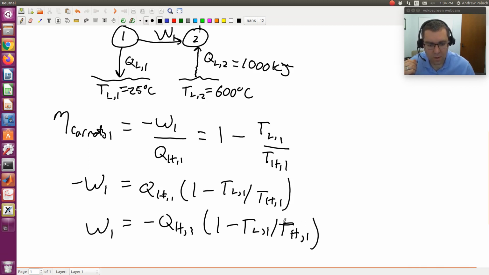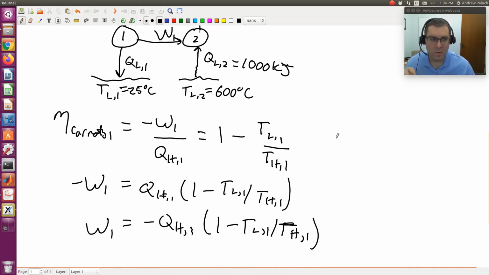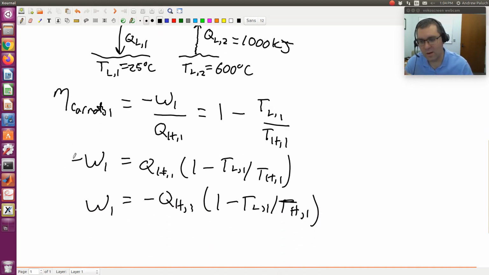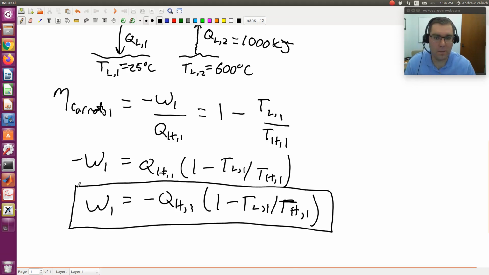And just a quick sanity check: I know TH1 is greater than TL1, so this ratio is less than 1, so the term in parentheses will be positive. Q is heat added to my system, so it'll be positive. So the negative ensures that W1 is negative. It's work delivered: my system is doing work on the surroundings. So let me box that in.